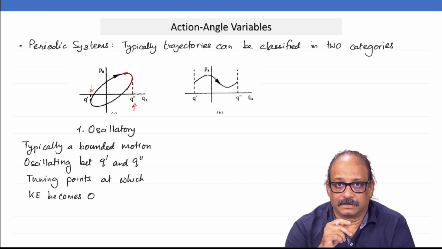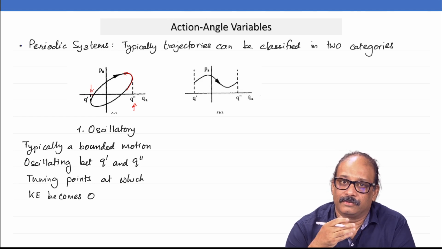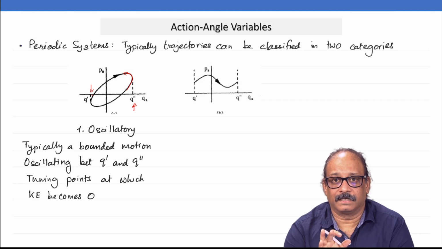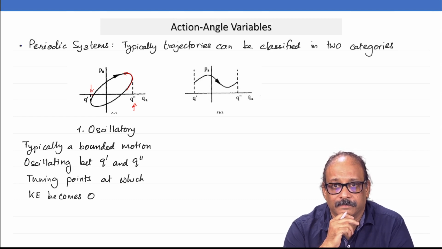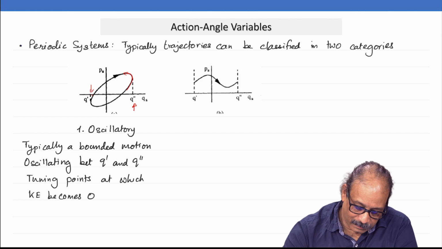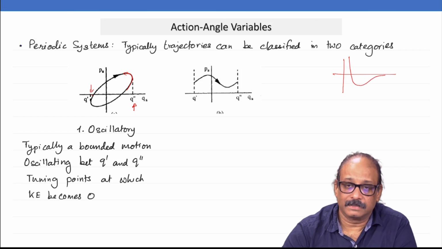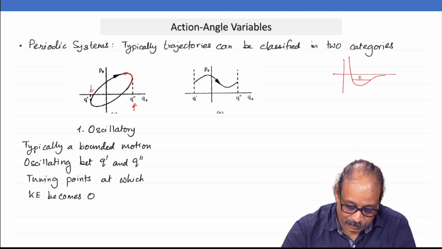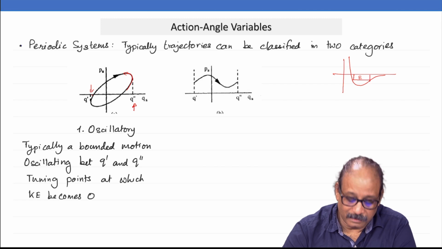Now, of course, these will not always be harmonic motions. Take for example the central force problem, just a Keplerian problem. In the Keplerian problem, if you look at the R equation, then you have the effective potential, so if you remember this diagram, you have the effective potential here, and if you have energy E, then I get two turning points, one here, one here.